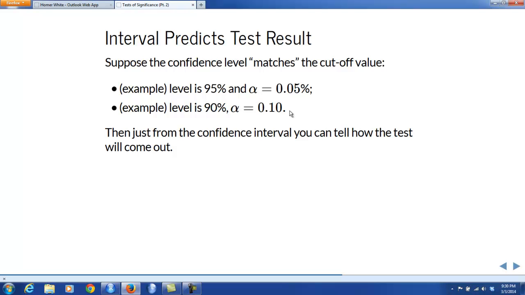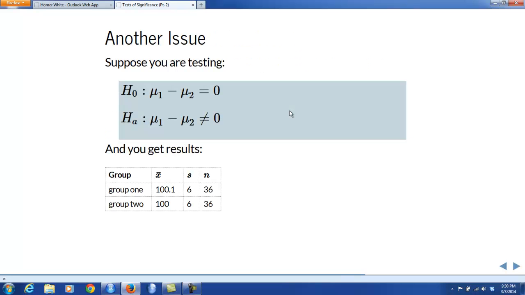So say that you have matching confidence levels and cutoff values in some way like this. Because of the relationship between confidence intervals and tests that we have just discussed, you can tell just from the confidence interval and whether or not mu naught lies in or outside of it, how that test is going to come out.